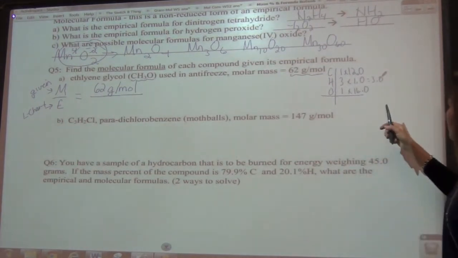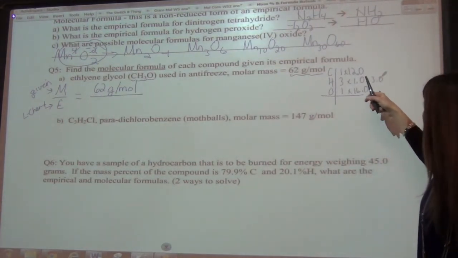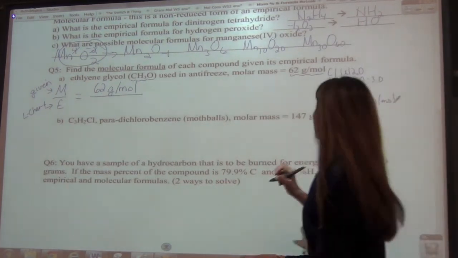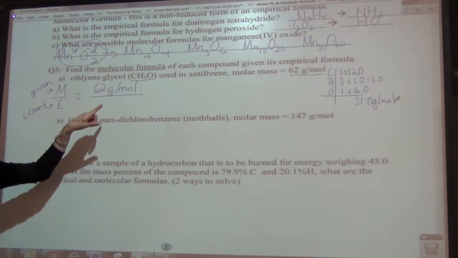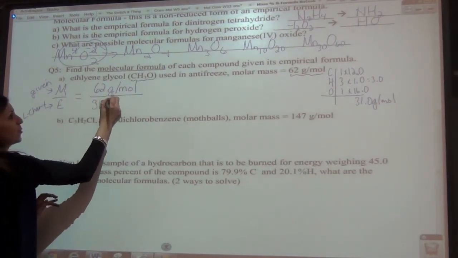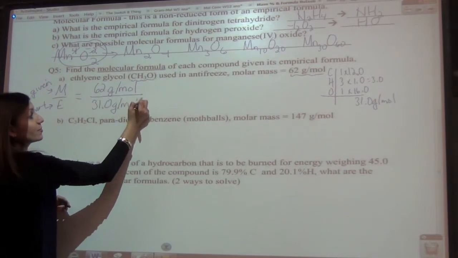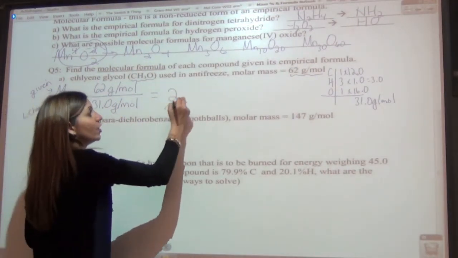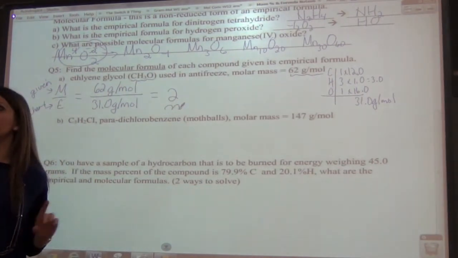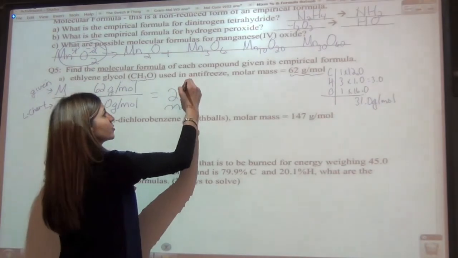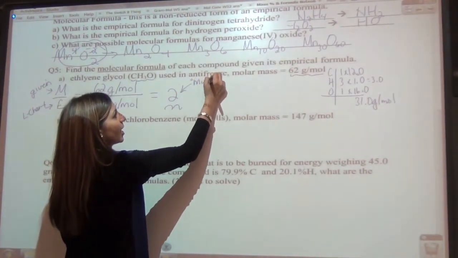So we have a total of 31.0 grams per mole. So that L chart number goes right here for the empirical formula. So that's 31.0 grams per mole, which means our multiplier is 2. You have to get a whole number there. If you don't get a whole number, you did something wrong, okay? So this is what I'm calling the multiplier.